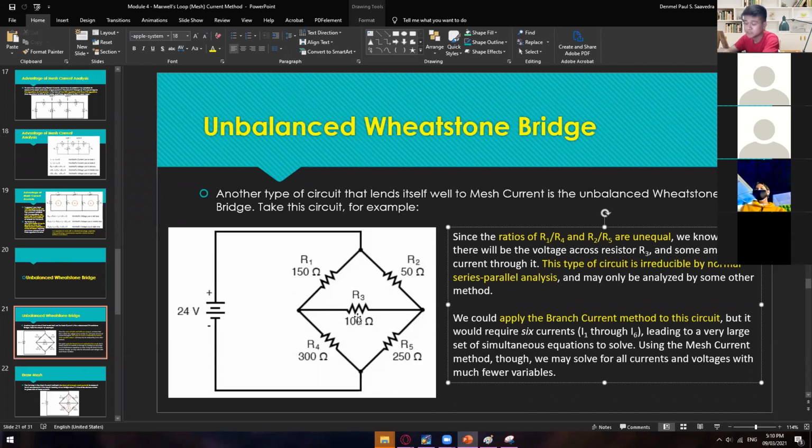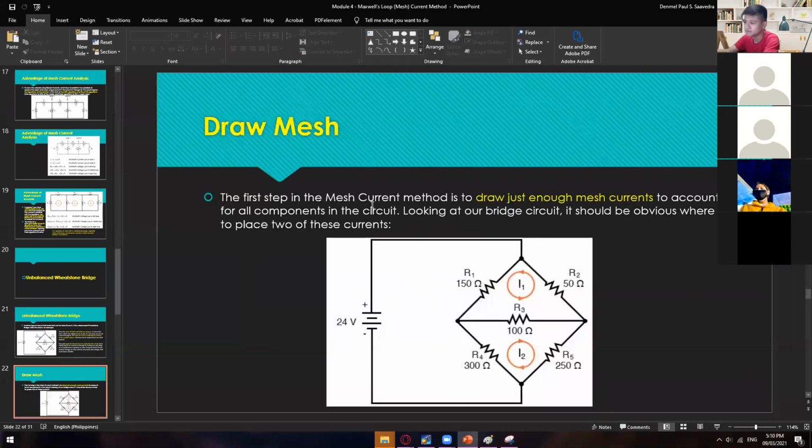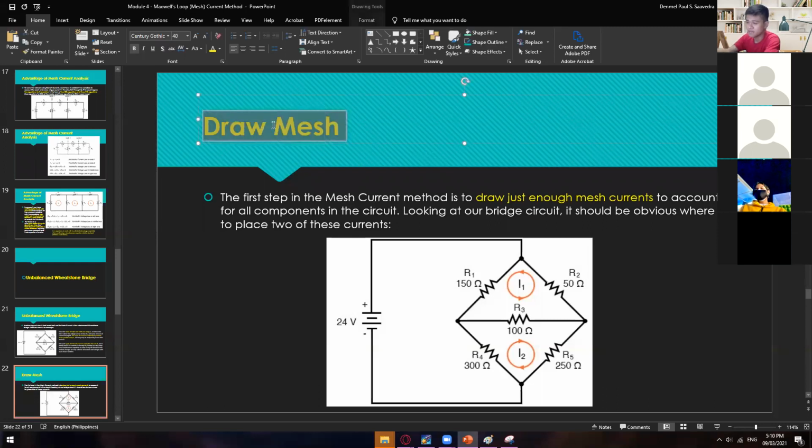So yes, this is also solvable if you're going to use Kirchhoff's law. However, it says here that it will give you 6 equations. But if we're going to use the mesh current method, it will give us fewer equations. Okay, so of course we're going to use the mesh analysis.